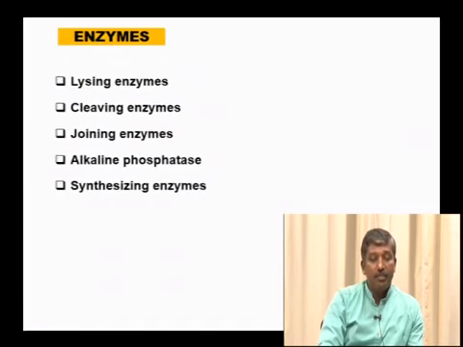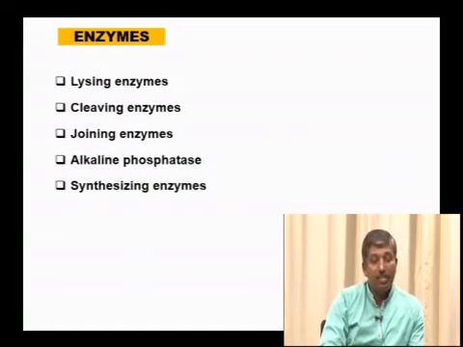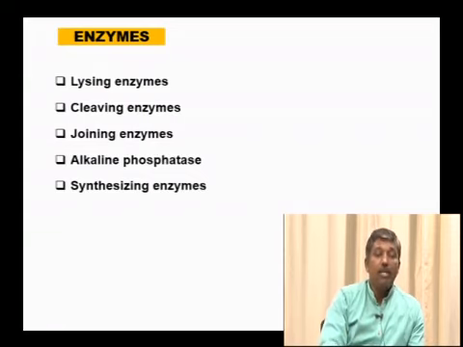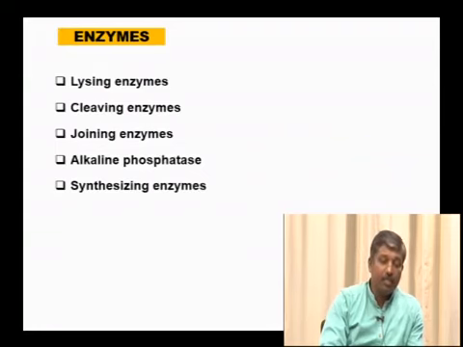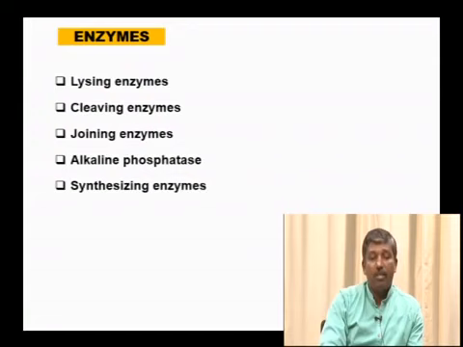The common enzymes that we use in genetic engineering include lysing enzymes, cleaving enzymes, joining enzymes, alkaline phosphatases, and synthesizing enzymes. Lysing enzymes remove the cell envelope, cleaving enzymes cut the DNA, joining enzymes join the cut fragments of the DNA, and alkaline phosphatases are used in preventing recircularization of the plasmid or circular DNA.